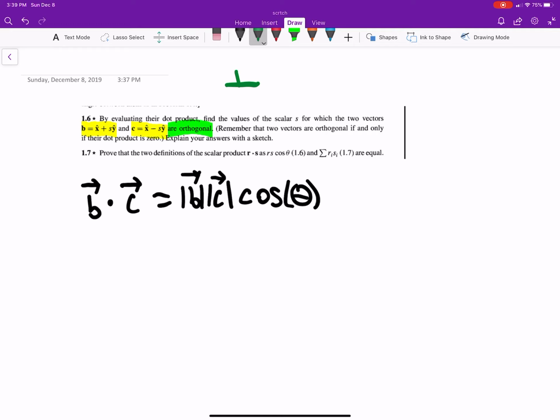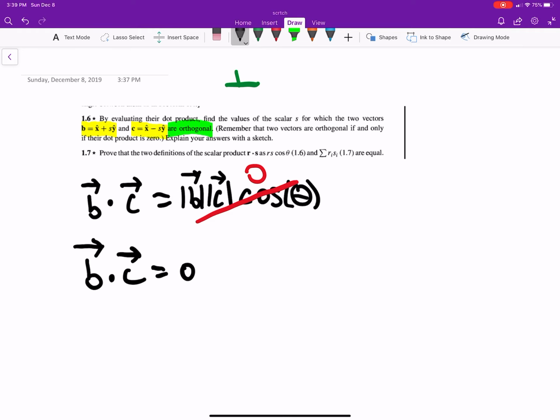Vectors that are perpendicular have 90 degrees between them. And what's cosine of 90 degrees? 0. So that tells us that our dot product is equal to 0. And this is a fun and useful thing to remember: if your dot product is equal to 0, that means that your two vectors are orthogonal, or perpendicular.